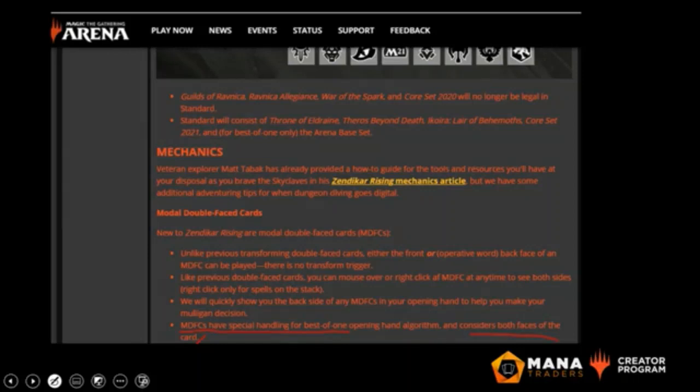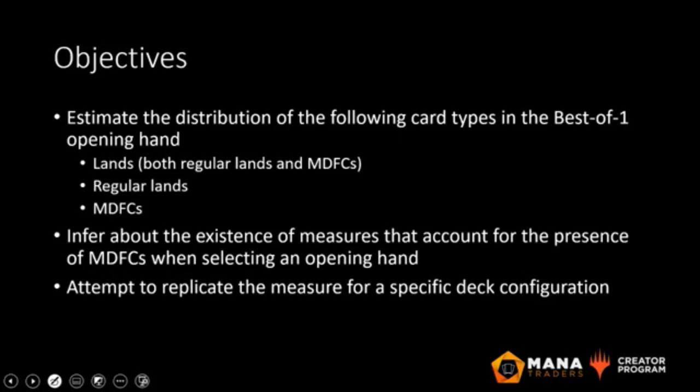The objective of this study is to estimate the distribution of the following card types in the Best of 1 opening hand. If you have a deck with lands, both the regular lands and the MDFCs, we want to estimate the resulting distribution when counting all those lands in your opening hand.